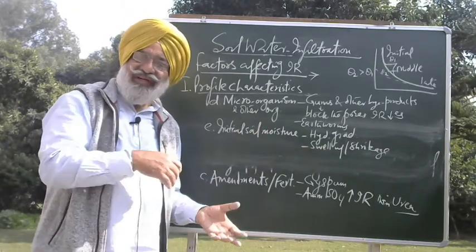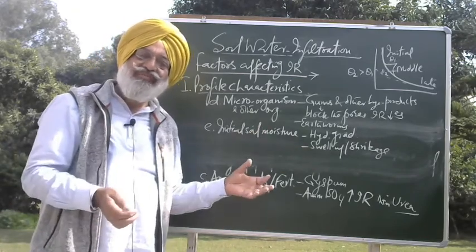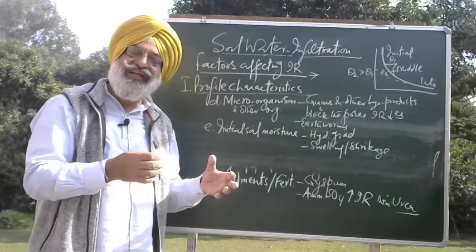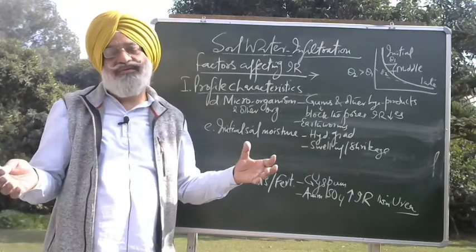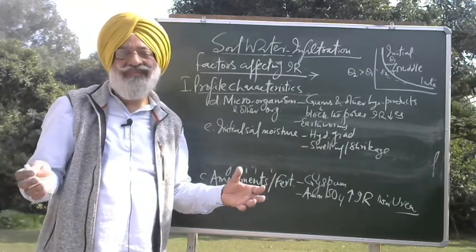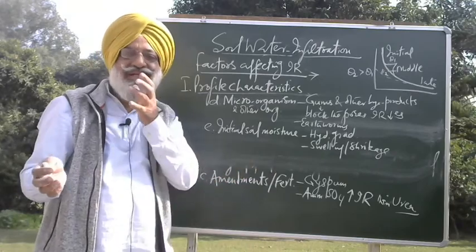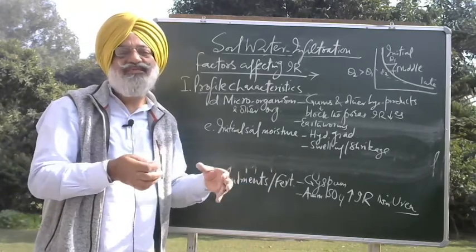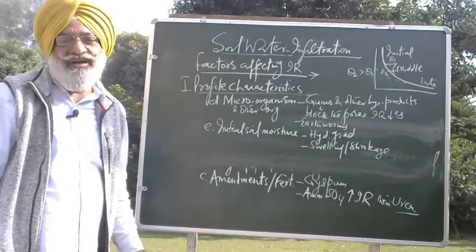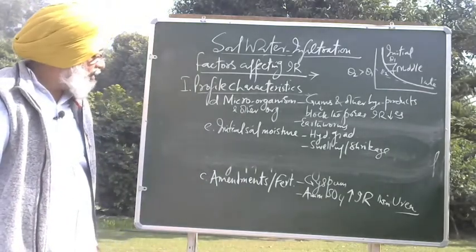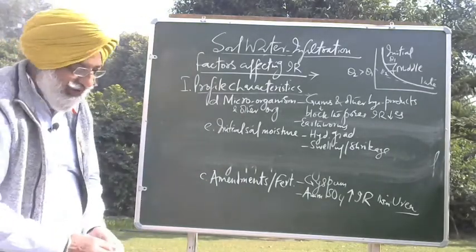And if it's wetter and you have a dominance of expanding type of minerals, then the soil solids could swell, and they reduce the size of the pores. Infiltration rate could be lower. So this is how initial soil moisture content affects it.